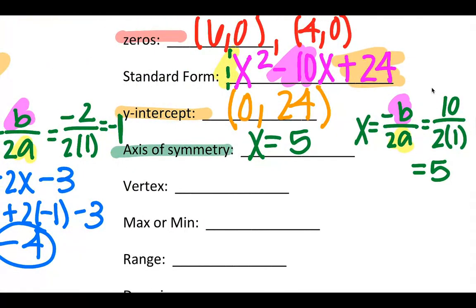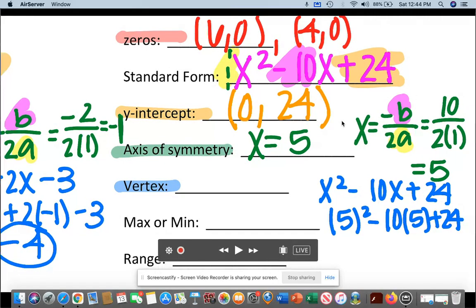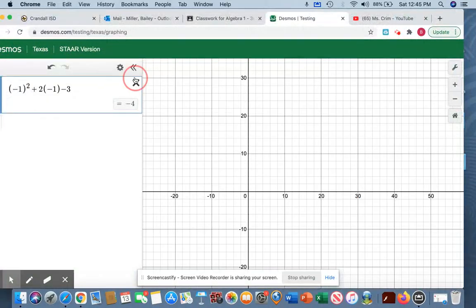Then when I go to find the vertex, I have to plug everything back in. So I'm using the x squared minus 10x plus 24, but now I'm plugging in 5 everywhere I see an x. And again, I'm going to cheat. I'm going to use Desmos. I'm going to plug all of that in.